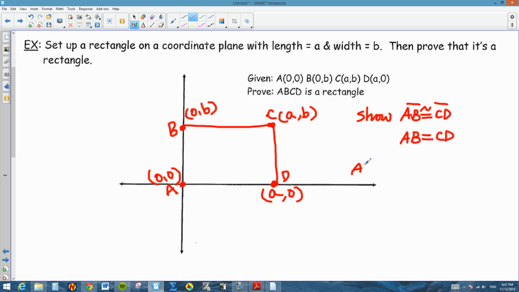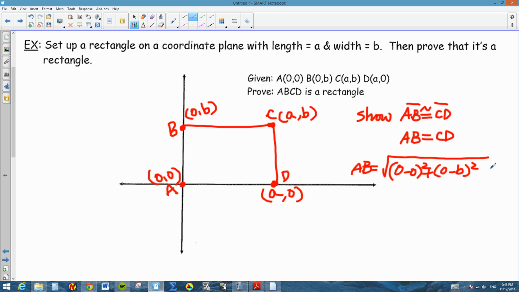So how do you find AB? To find the length, use the distance formula. A is here, B is here, so use one minus the other. So you have x minus x, 0 minus 0 squared, plus y minus y, which is 0 minus b, or b minus 0 squared.